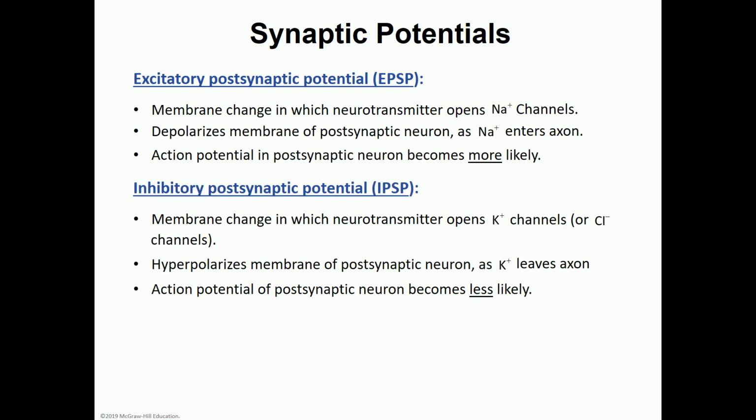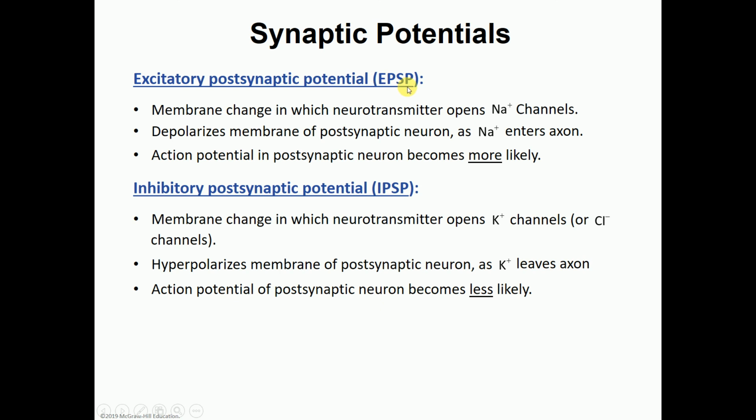So we have two different kinds of synaptic potential. There are EPSPs, or excitatory postsynaptic potentials, but nobody has time to say that, so they're called EPSPs. Again, you're opening up, in this case, sodium ion channels. This leads to some depolarization, and if you reach the threshold potential, that would lead to an action potential. So an action potential is more likely to occur in EPSPs.